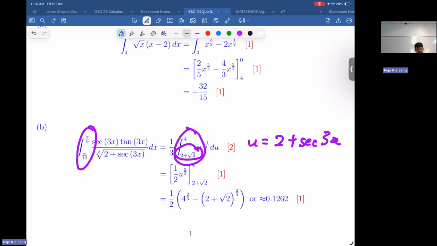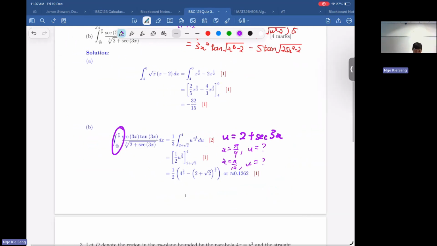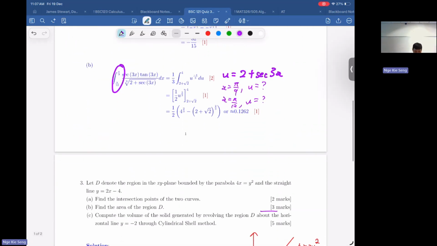So please make sure that you make the correct change. For example, x is pi over 9, x is pi over 12. So what are they in terms of u? You need to compute. I think that's where things went wrong for this part.